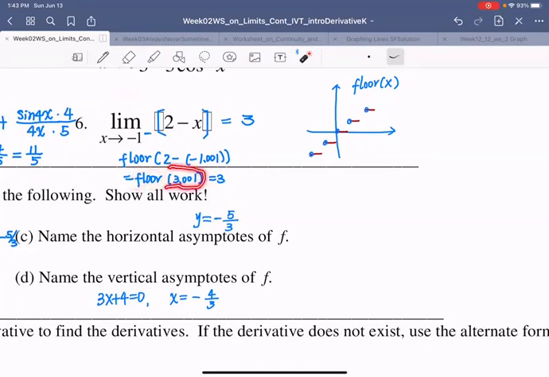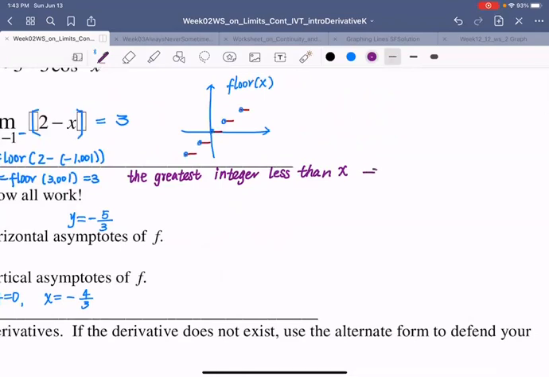Floor means you want to choose the greatest integer which is less than this number. This is the definition of the floor of x, okay?